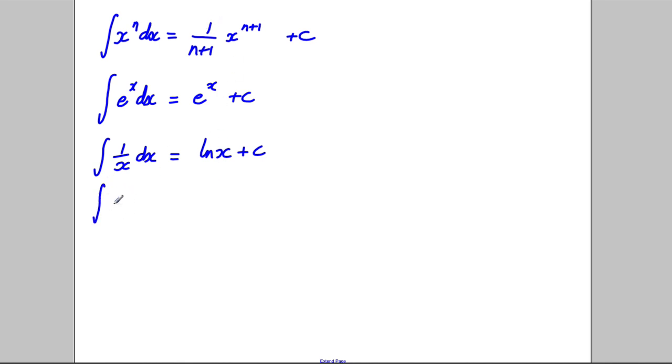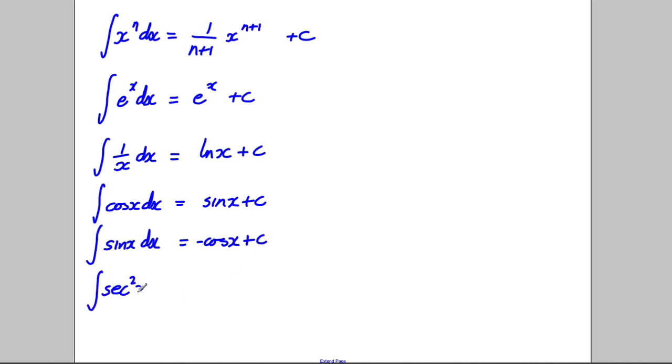So if I'm integrating cosine x with respect to x, I would get myself sine x plus a constant. If I'm integrating sine x with respect to x, I would get negative cosine x plus a constant. If I was integrating sec squared x with respect to x, I would get myself tan x plus a constant.